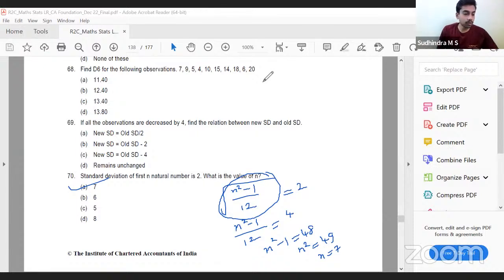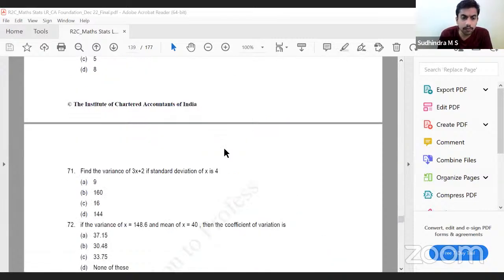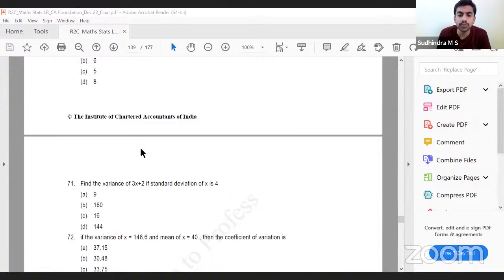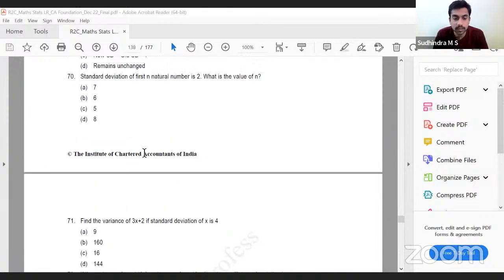Next, question 71. Find the variance of 3x plus 2 if standard deviation of x is 4. 144. Correct.